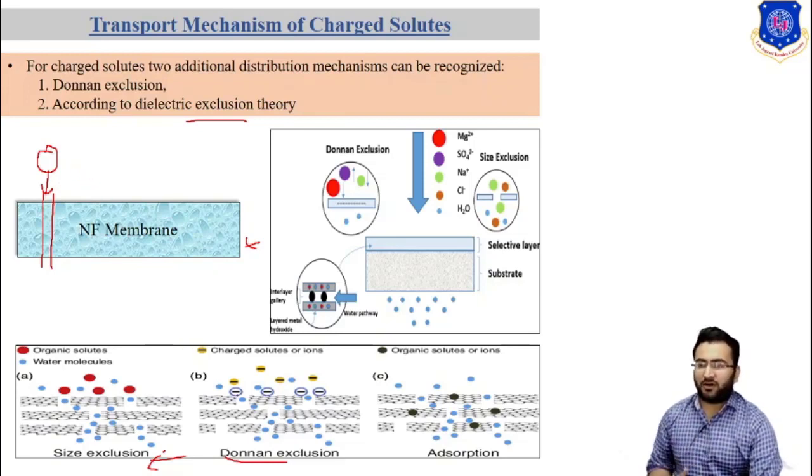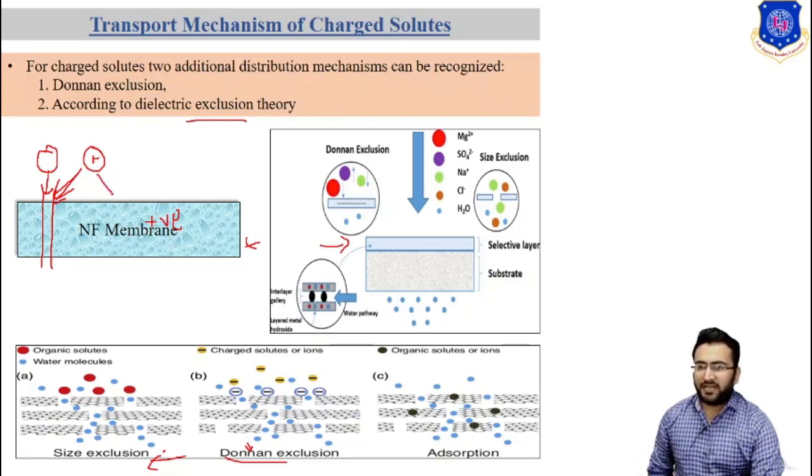Now let's talk about Donnan exclusion theory. In Donnan exclusion theory, the upper layer of the membrane has a slight charge. Let's consider this layer is positively charged. A solute that is smaller than this pore size and is positively charged cannot pass through the pores due to the Donnan effect.